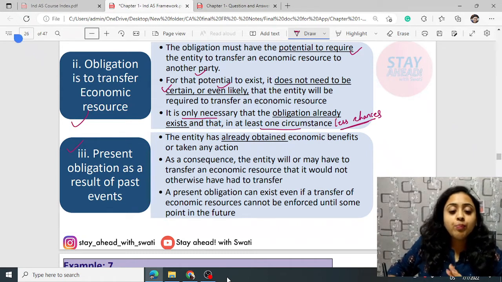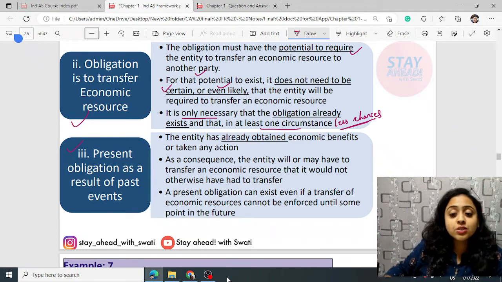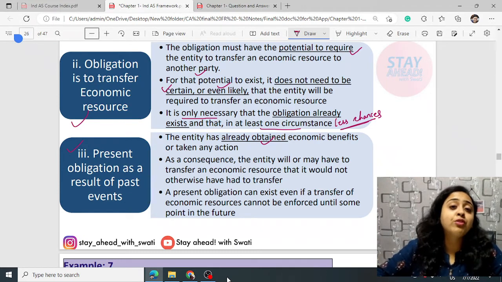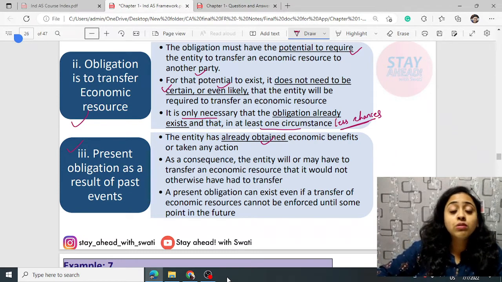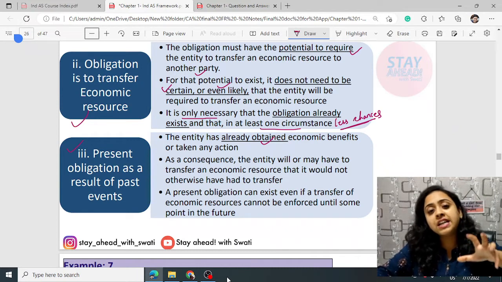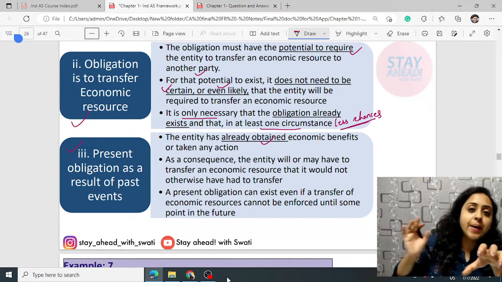Third point, present obligation as a result of past event. What does this mean? That the entity has already obtained economic benefits and/or taken any action. For example, you have received the services, now you have to issue ESOP shares, employee stock option shares. This obligation arises due to the promise and due to the services that you have taken in the past.